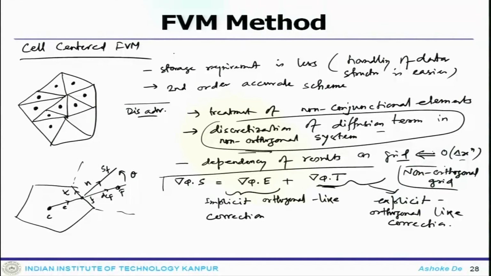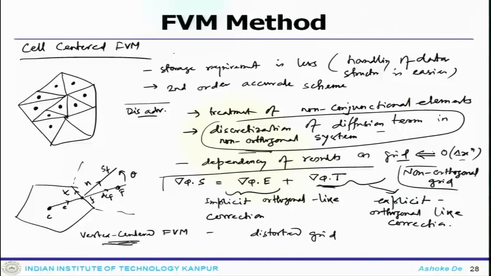So, the only situation where the performance of the vertex centered FVM will be superior over the cell centered is on some sort of a distorted grid. That is the only situation where you may have some superiority over cell center arrangement.